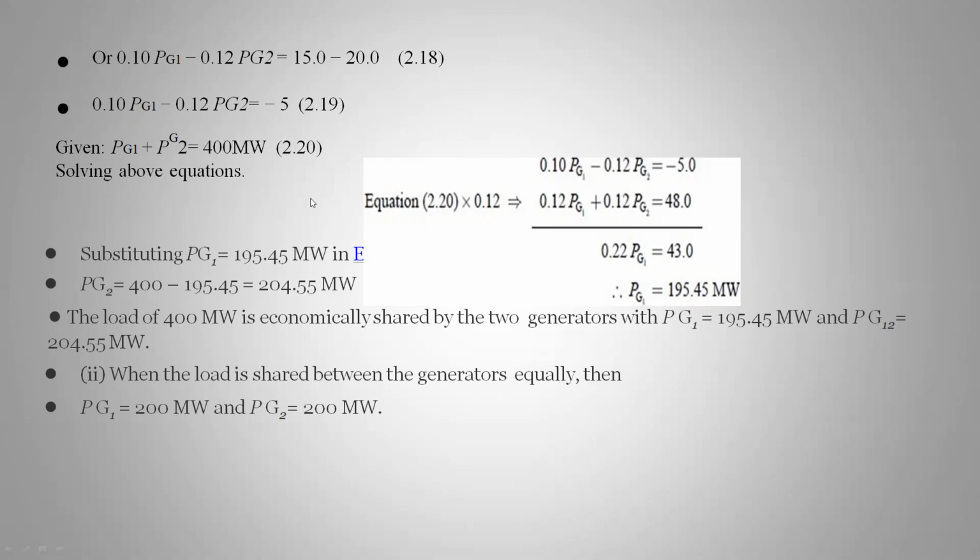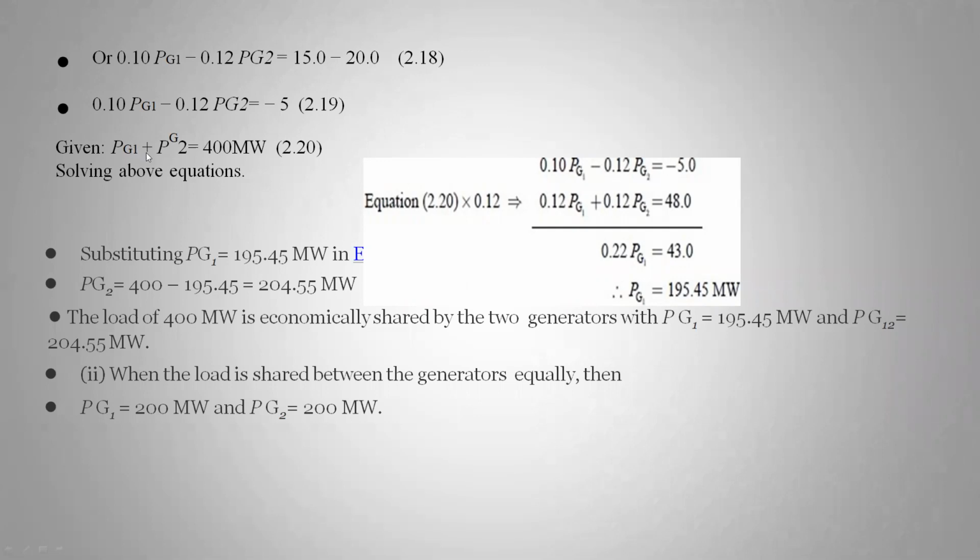Solving the two equations 2.19 and 2.20, we determine Pg1. The first equation is 0.10 Pg1 minus 0.12 Pg2 equal to minus 5.